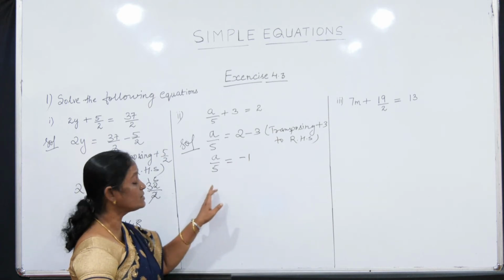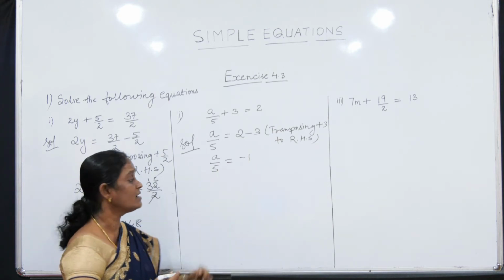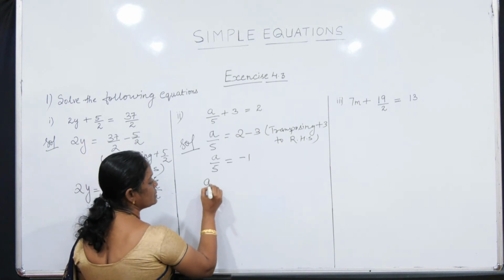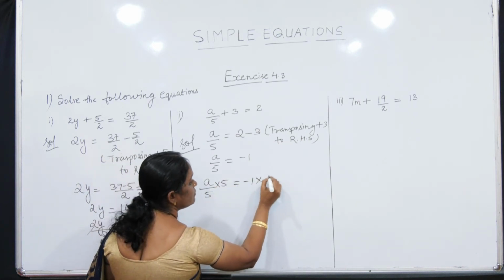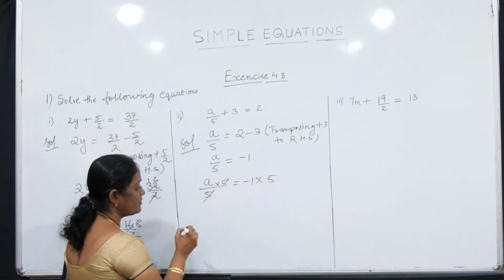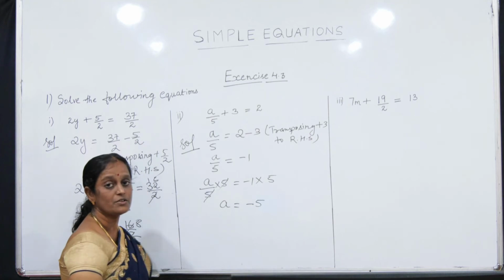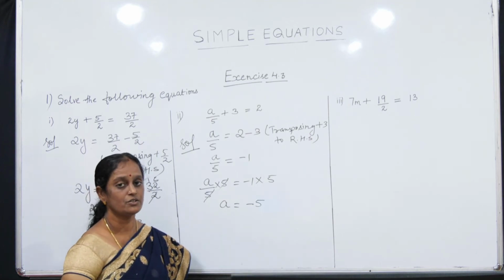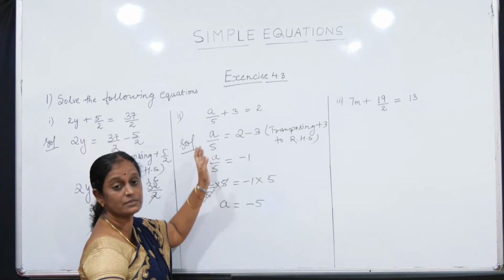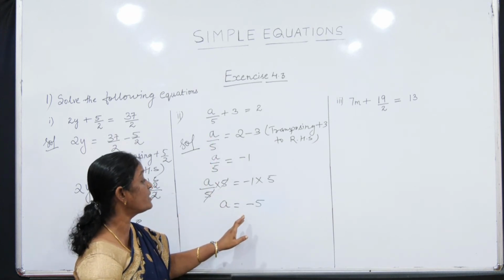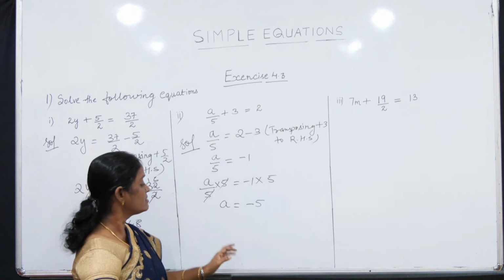Now we have to separate the variable a, so we multiply both sides of the equation by 5. We get a by 5 into 5 is equal to minus 1 into 5. Here 5 and 5 cancel, a is equal to minus 5, the solution to the equation. You can put it in the original equation and check the solution.